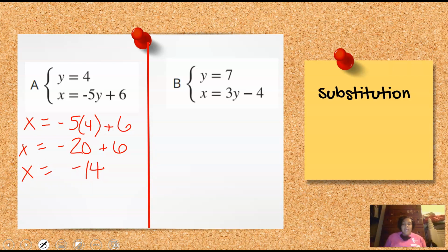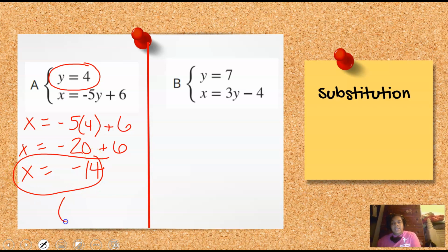With that being said, remember your solution for a system is an ordered pair. So since you already know what y is, and now you have x, your solution is -14 and 4.